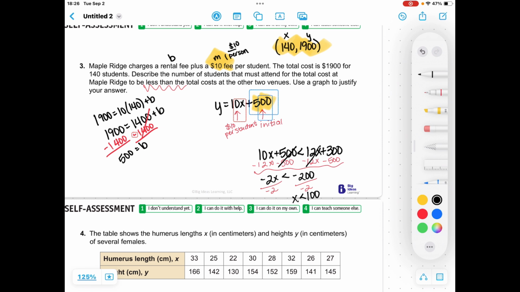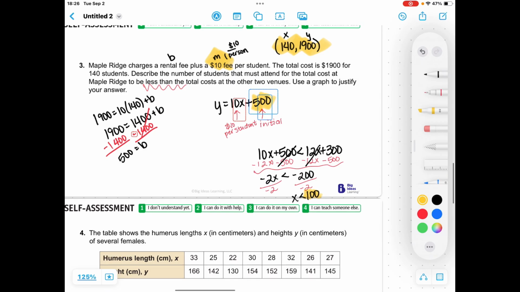So describe the number of students that must attend for the total cost to be less than that total cost. So really it needs to be 100 kids. Once you hit those 100 kids, I actually think I did that a little backwards, but yeah, I did do that a little backwards.